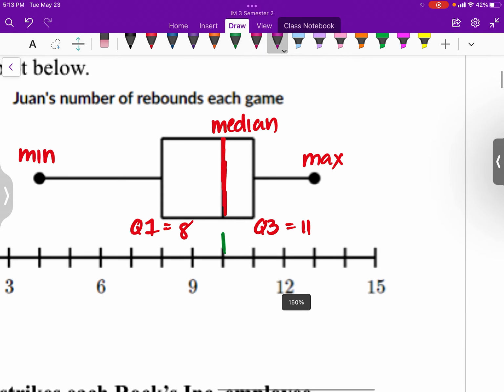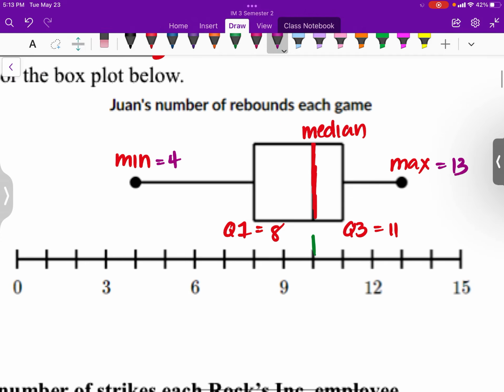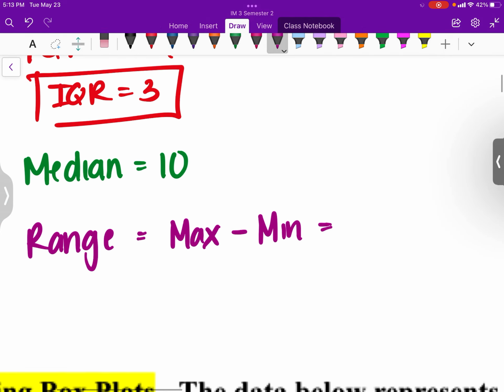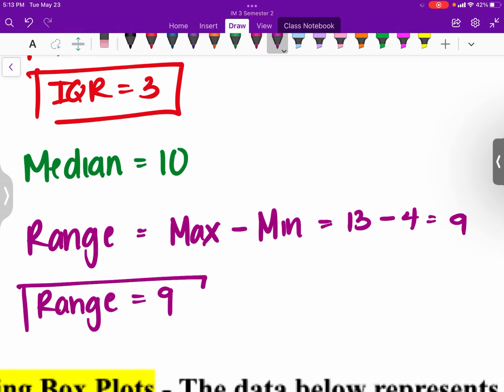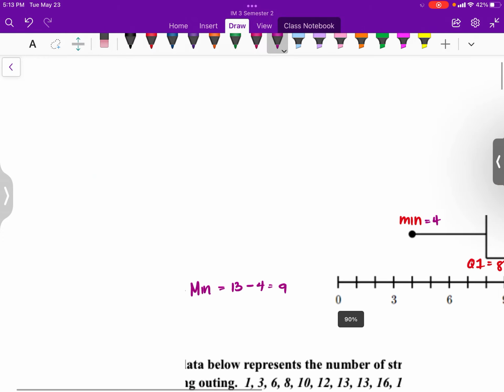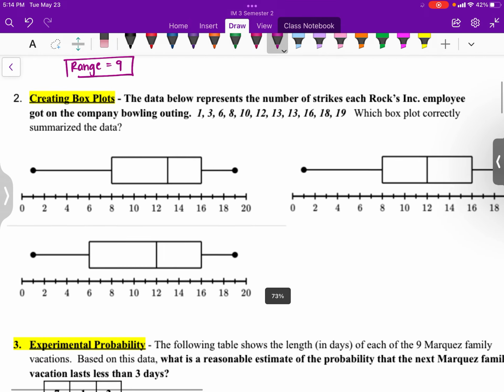Our max is going to be 13, and our min is going to be 4. So that is 13 minus 4, which is 9. The range is equal to 9. And that would be for the first one. Take a look at the second one.